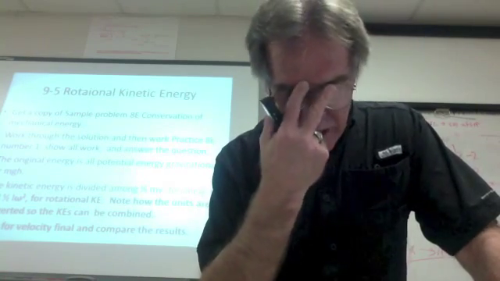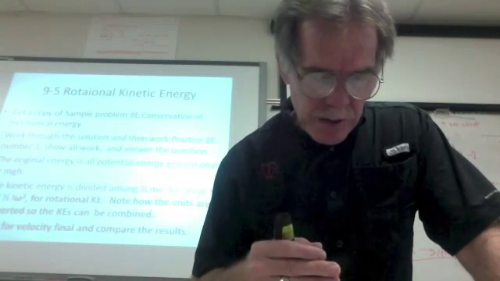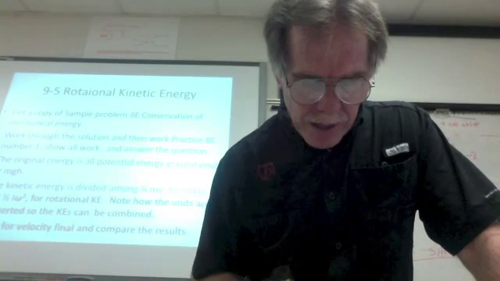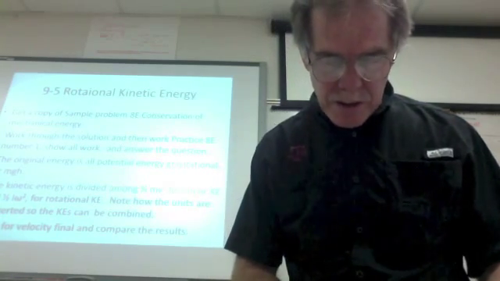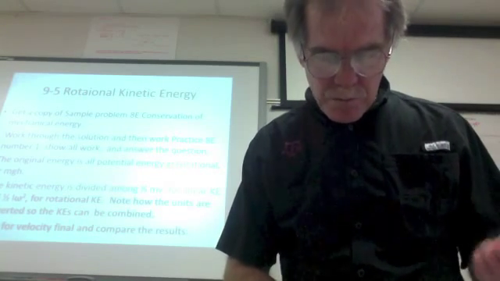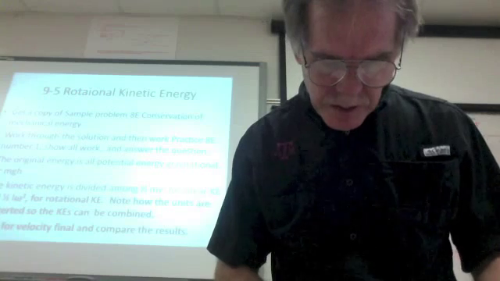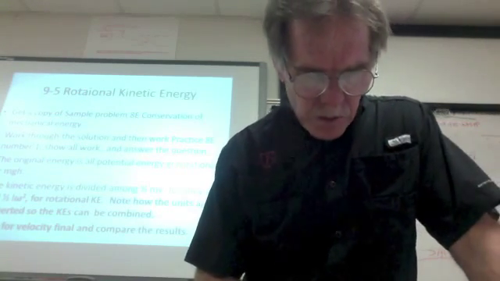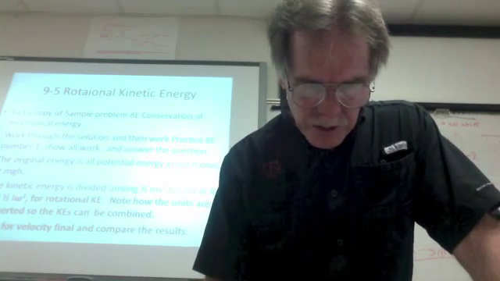Now we have 1/2 times 2/5 mr squared times v final over r squared, and when you multiply all that out, you end up with your kinetic energy, translational 1/2 mv squared plus 1/5 mv squared, which equals 7/10 mv final squared. So the v final is what we're solving for.